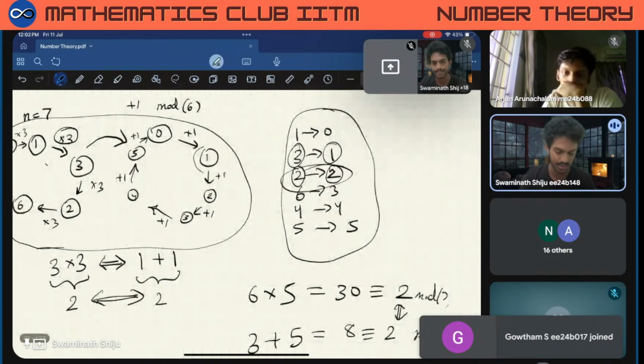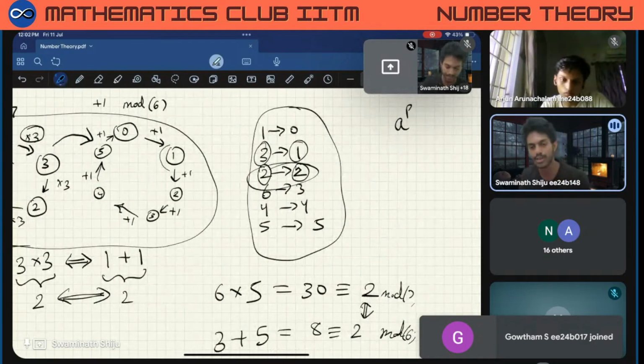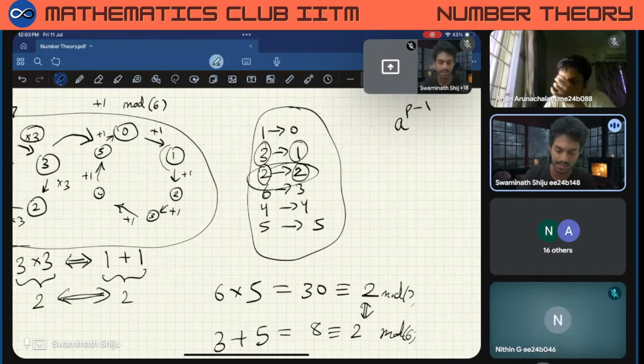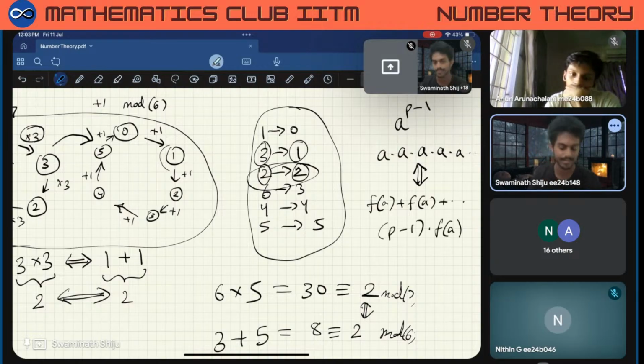Now consider this. When you are doing a to the power p minus 1, what you're basically doing is taking a times a times a times a times a many times. From my argument of equivalence, this is the same as f of a plus f of a plus f of a, p minus 1 times. Agreed?